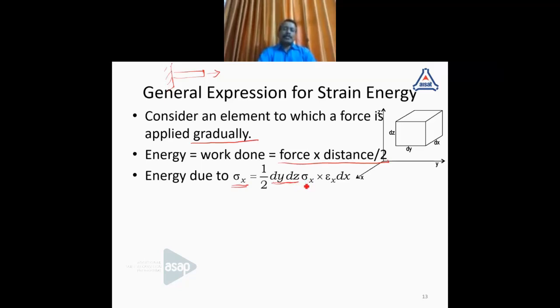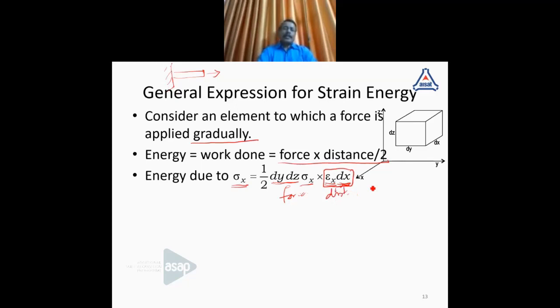Area into stress becomes force. Distance is the strain produced in the x direction into the length along the x direction, and these two together give the displacement along the x direction.